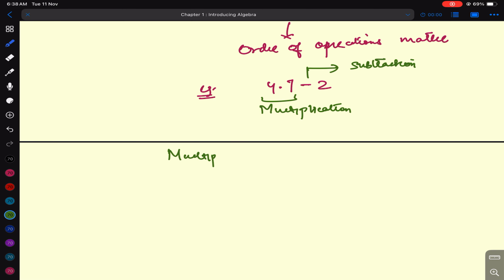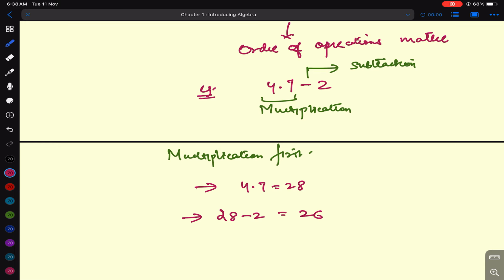Now here, multiplication is going to take the precedence over the subtraction. You can take it for this for now. I'll be giving you the order of the operations in the order of their respective precedence, but in this case I can say that the multiplication is going to take the precedence.